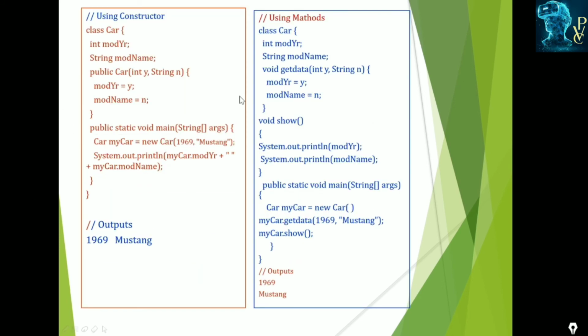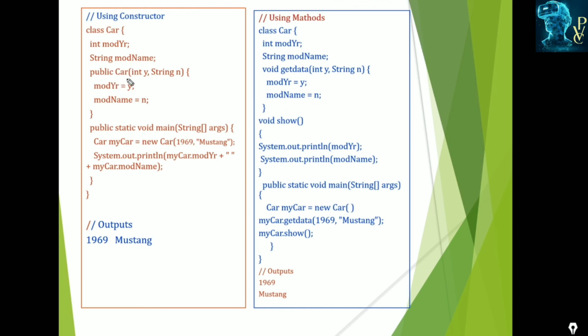And here I have defined two programs: one using the constructor, and another, the same program, using the methods. Here we define the class Car. Int model year is the year the car is modeled, and a string for the name of that model.